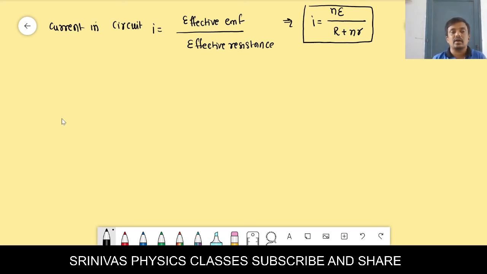This is the connection of identical cells, right? Here, the fourth point in the note. Some points I am giving in the note.